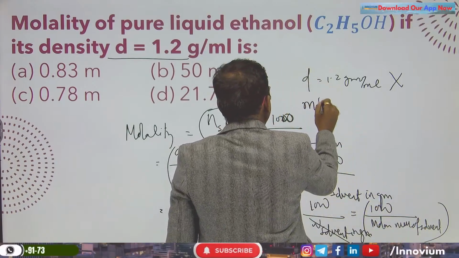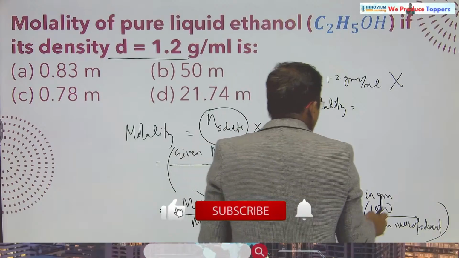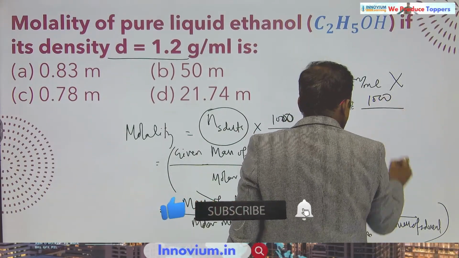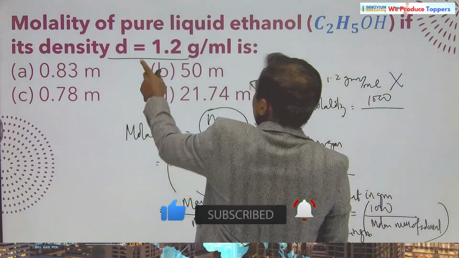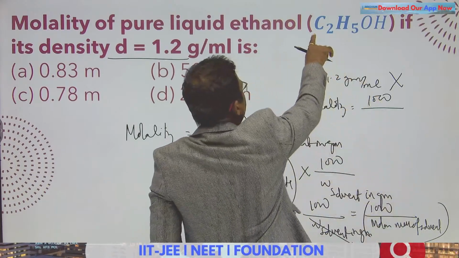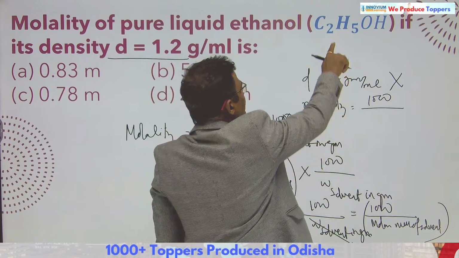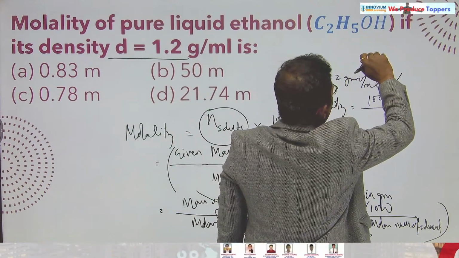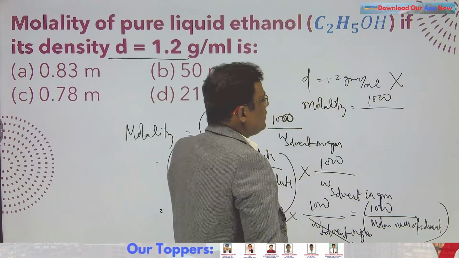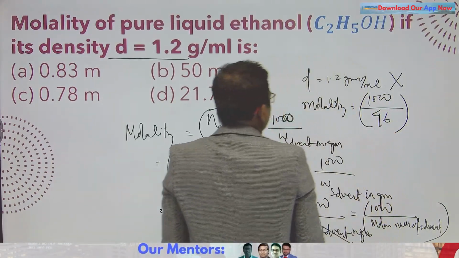So what is that molality? The molality is equal to what? 1000 by molar mass of solvent. So what is the molar mass of ethanol? Ethanol is C2H5OH. Carbon 2 means 12 into 2, 24, plus 5, 29, plus 1, 30, plus oxygen mass is 16. So 46. So molality is 1000 by 46.